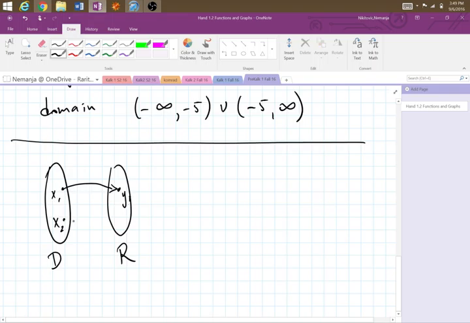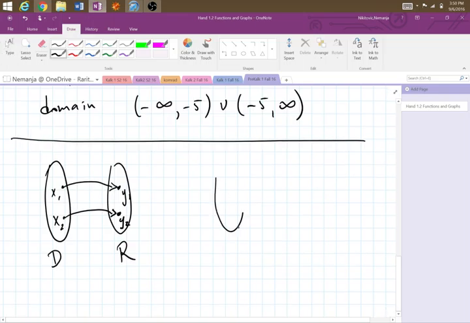So y1, and this one is going to produce some kind of y2. This clearly is a function because each x has its unique y. So we picked, I don't know, x1 is 7, and it produces 13 as the answer. x2 is 5, produces 29 as the answer, and it's all good.